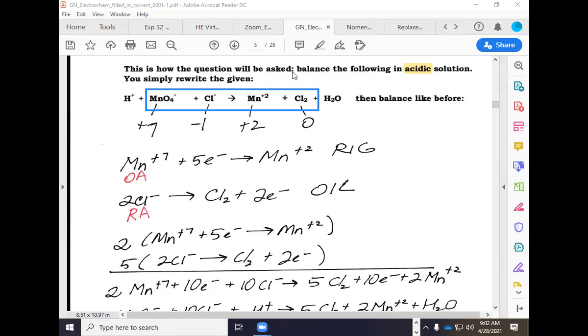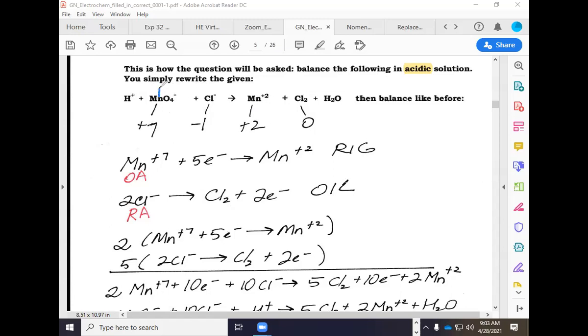Okay, so then you start with this. So you might have to do the oxidation numbers for every single one and then find the ones that change. Now see, this is given. So they're leaving out spectator ions.